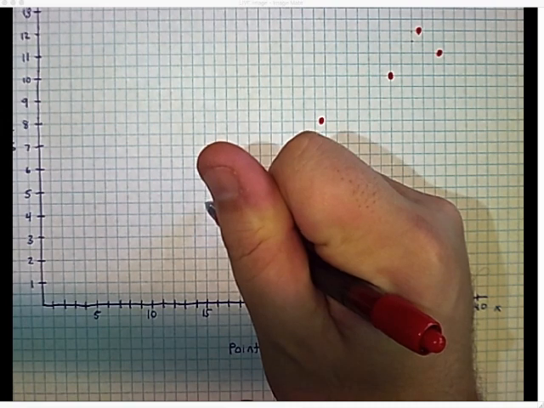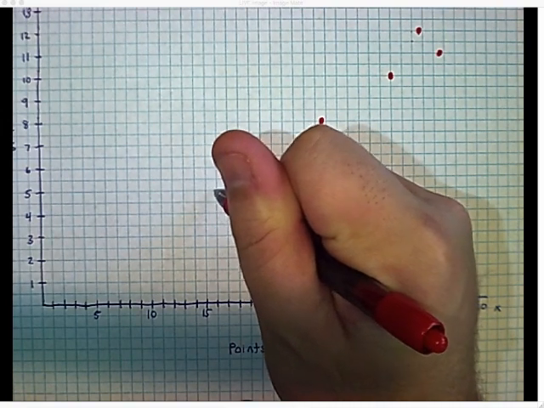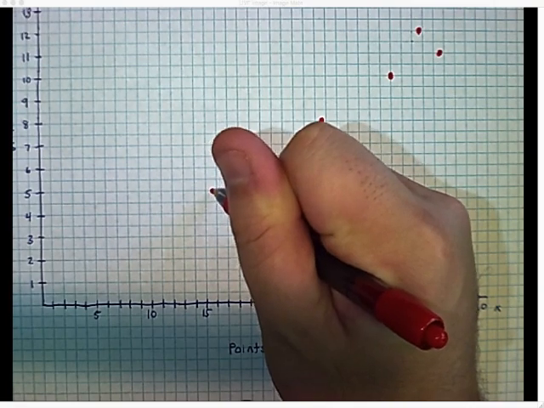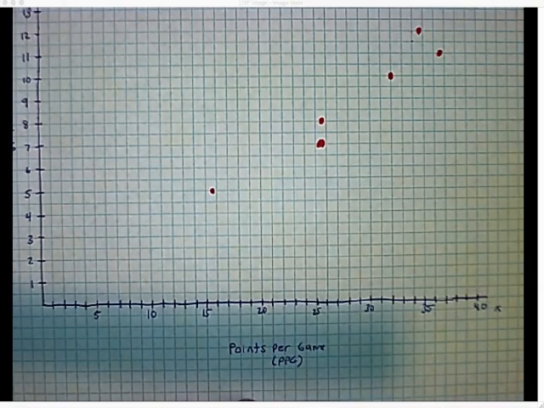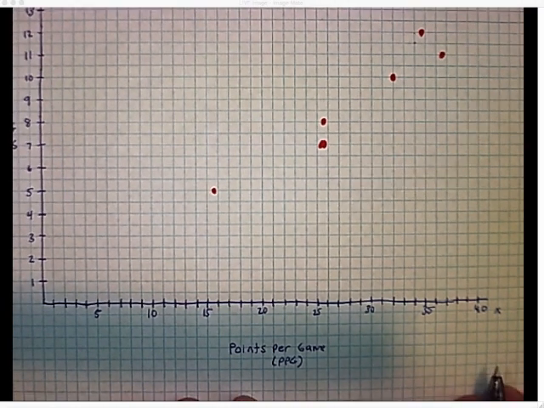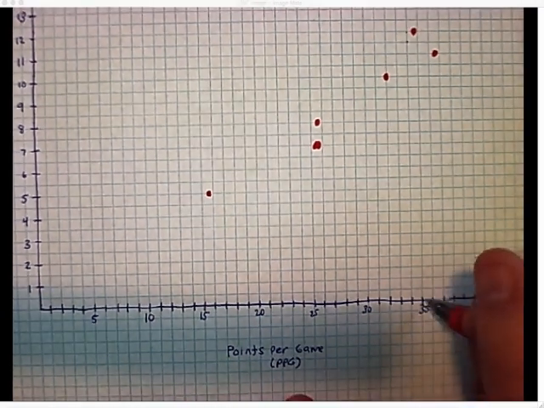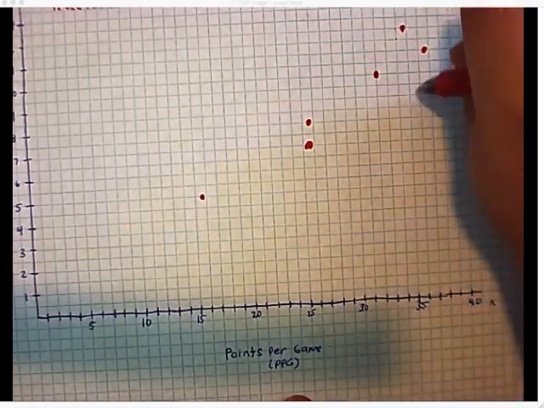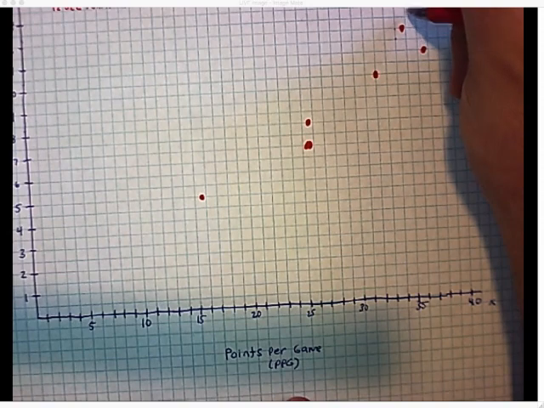There's 15 and 5, and 15.8 would be about right there. LSU had 35.7 and 13. So 35.7, I'll take up 35. There's 35, and 35.7 would be about right here.